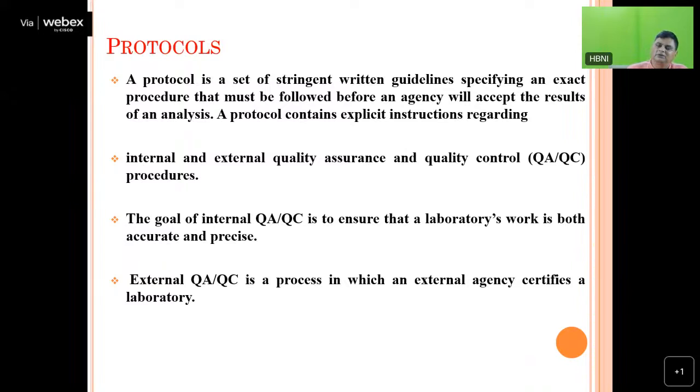In India, there is one agency appointed by the Government of India called NABL, the National Accreditation Board for Testing and Calibration Laboratories, which does the external QA/QC for laboratories. If QA/QC is performed by NABL, then your laboratory will be termed compliant with ISO/IEC 17025.